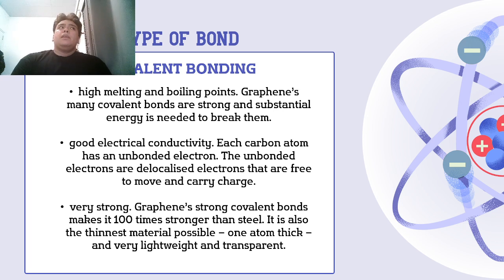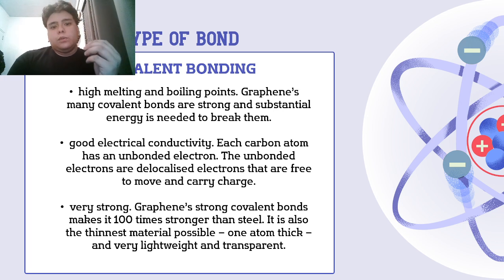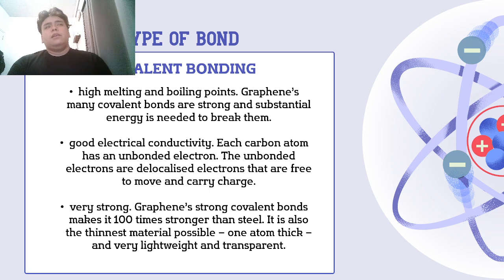Now, this is one of the exceptions to the rule that covalent bonds are not really conductive because, for example, graphite is also conductive. So this is one of the exceptions to that rule.